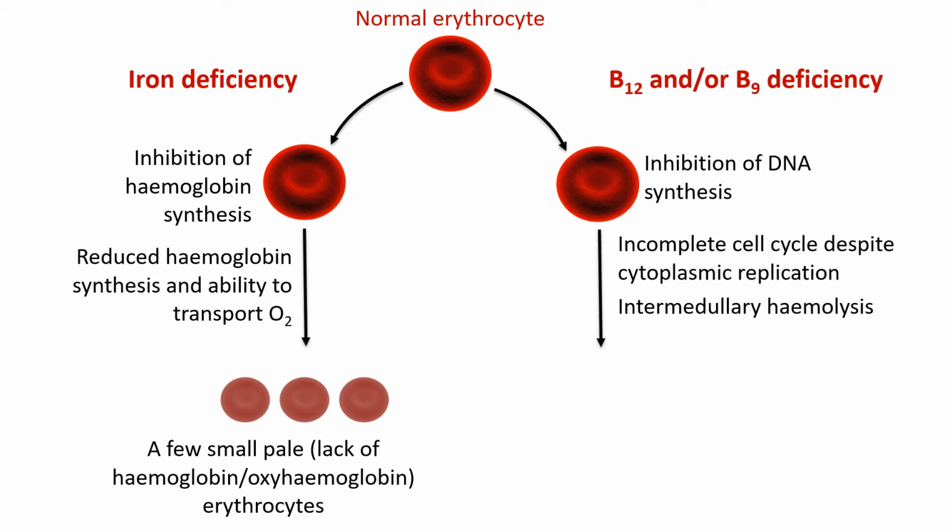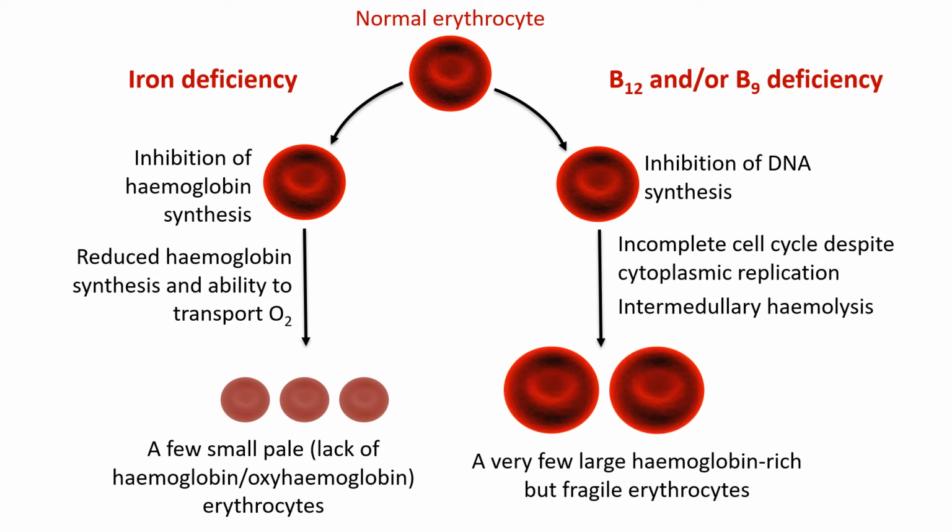So we get an incomplete cell cycle, but we do get cytoplasmic replication, which gives us these large megaloblastic erythrocytes within the bone marrow. Many of those will go through intramedullary hemolysis, so they will be destroyed before they can be released into the circulation.